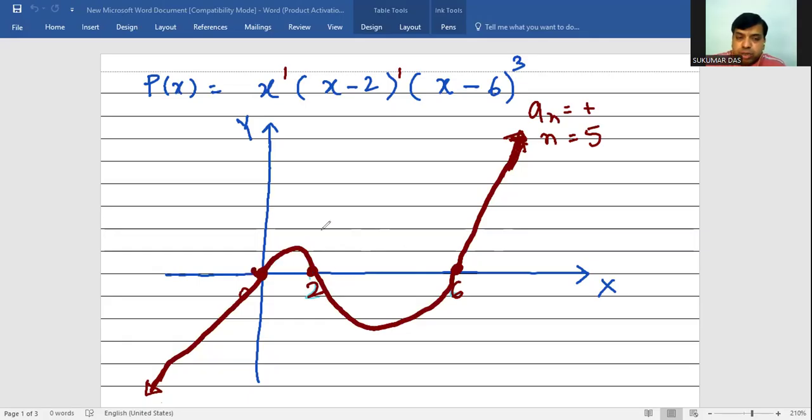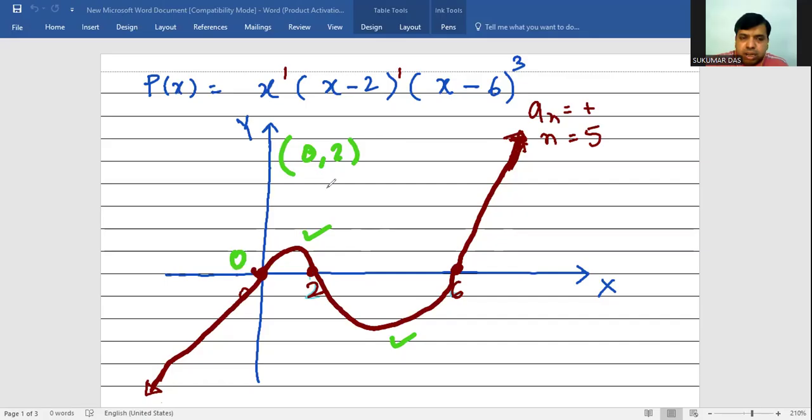Don't worry about the other thing. So how many turning points are there? If you look into this, there are 2 turning points. So turning points here are this one and this one. And from here you can say the behavior also. From 0 to 2 interval, if this graph is increasing, then it starts decreasing.